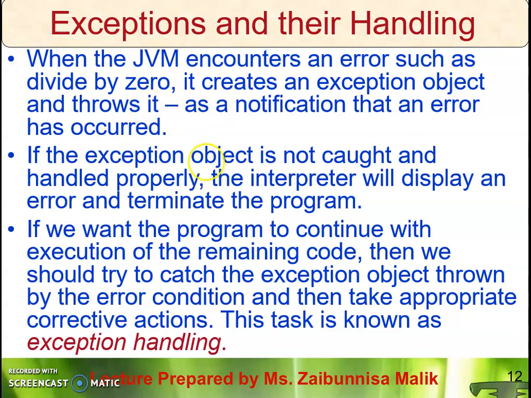If the exception object is not caught and handled properly, the interpreter will display an error and terminate the program. So, if we want the program to continue with execution of the remaining code, then we should try to catch the exception object thrown by the error condition and then take appropriate corrective actions.